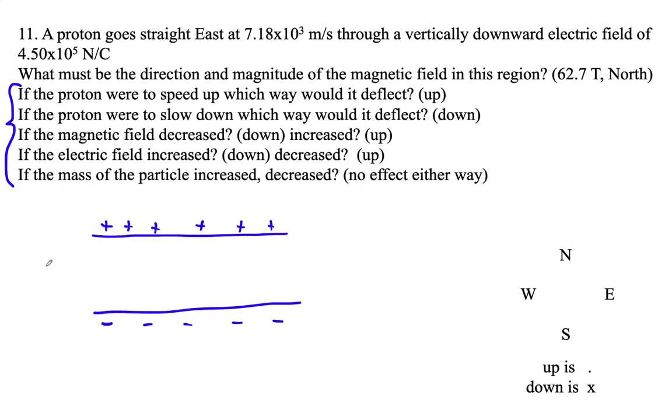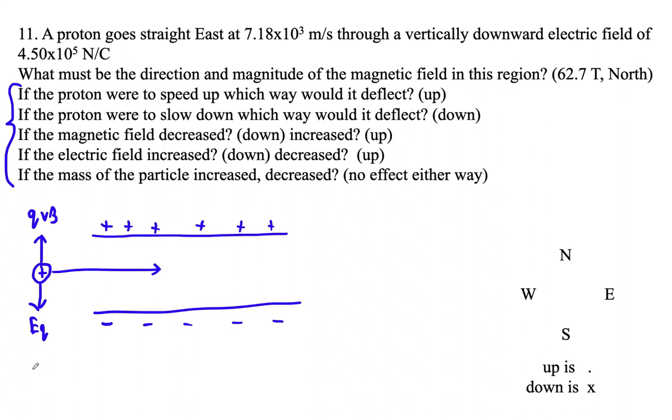Okay. And we've got this guy flying through there. And when it's inside there, we know that the electric force, which is EQ, is going to be down, and we know that the magnetic force, the QVB, is going to be up.